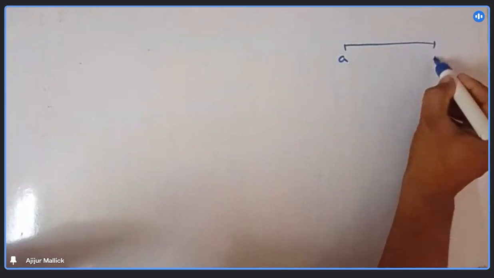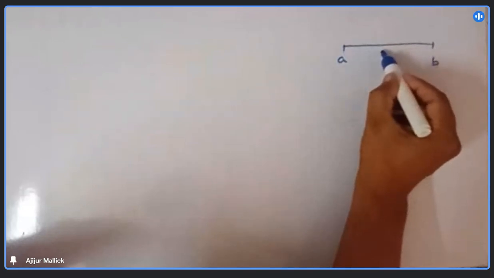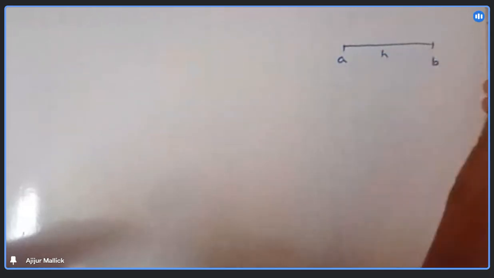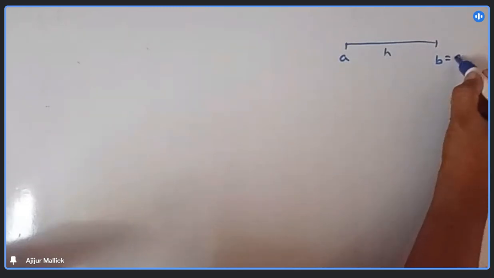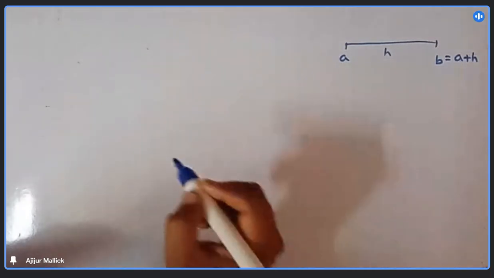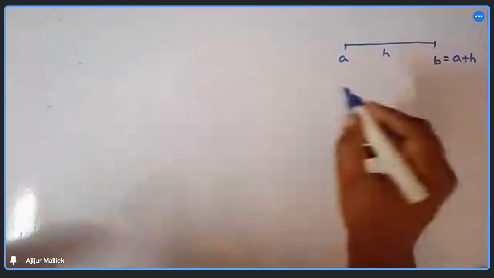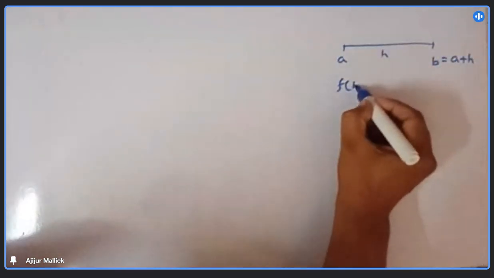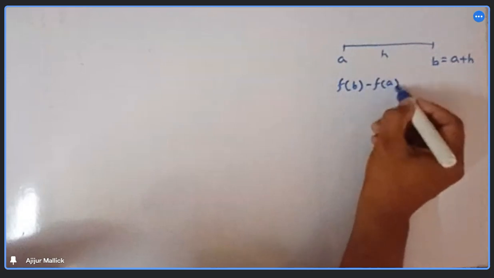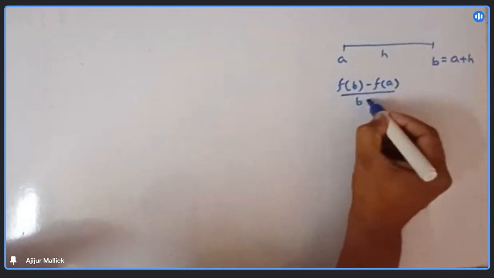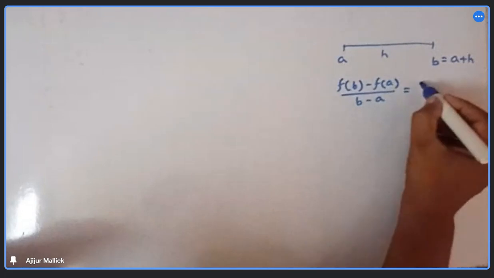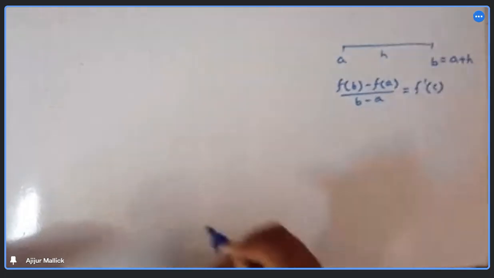In LMVT, suppose this is point A, this is point B. If h is the length of this interval, then b is equal to a plus h, we can write it. What was LMVT? f of b minus f of a divided by b minus a is equal to f dash c.